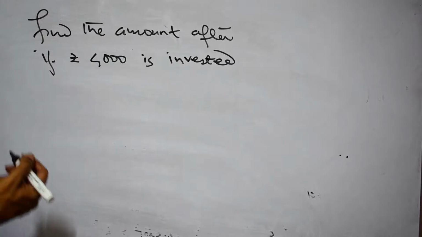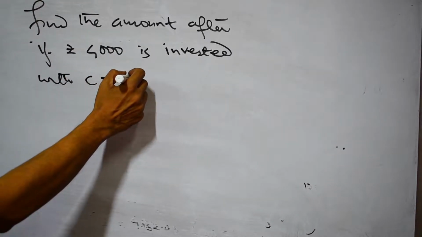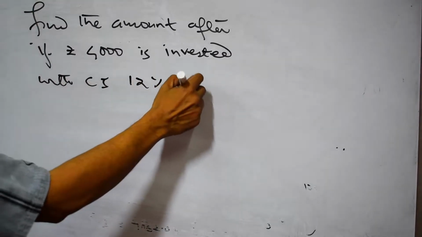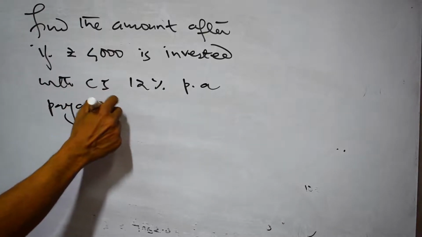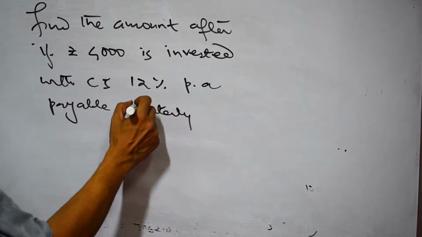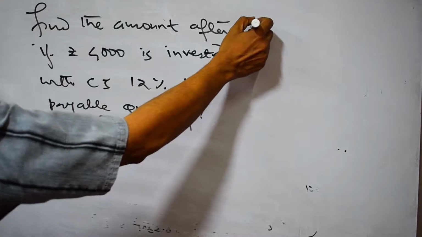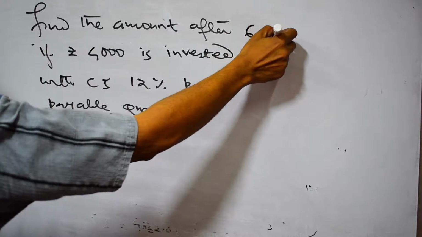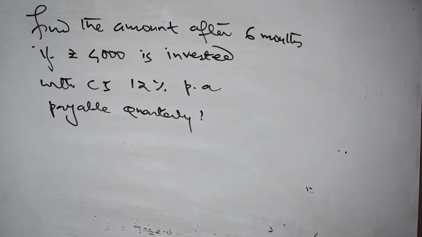The 4,000 is taken as a loan with CI, 12% per annum payable quarterly. So the question is, if it is quarterly compounded, then how much amount we will get after 6 months.